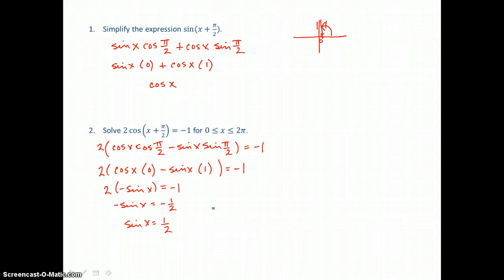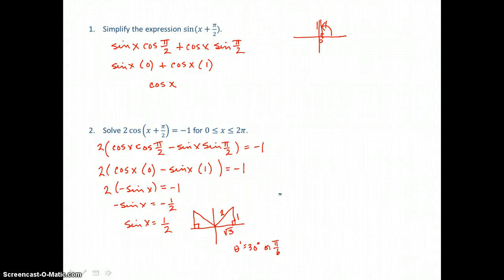And now I'll go to the coordinate plane to find out where the sine is positive, and that's going to be in the first quadrant and the second quadrant. So applying the definition of sine to this first triangle, opposite over hypotenuse, 1 over 2, I'll recognize the special triangle 1, 2, the square root of 3, and know that the reference angle that I'm using is a 30-degree angle, or pi over 6 radians.